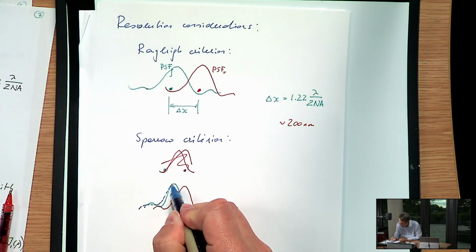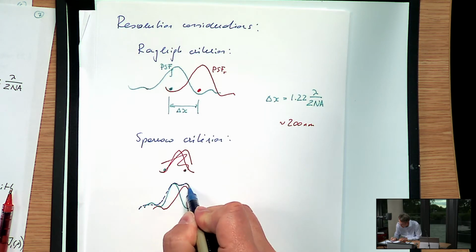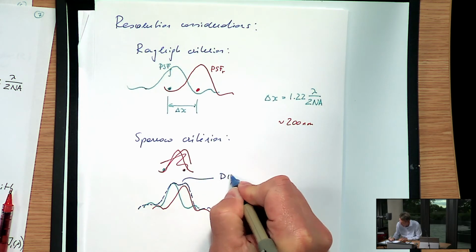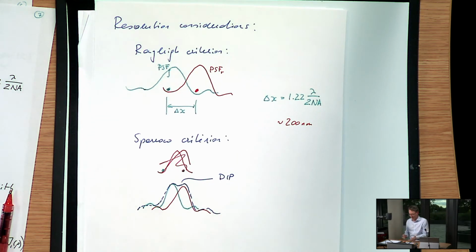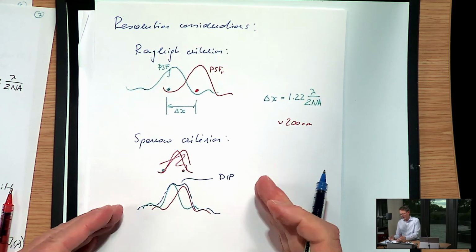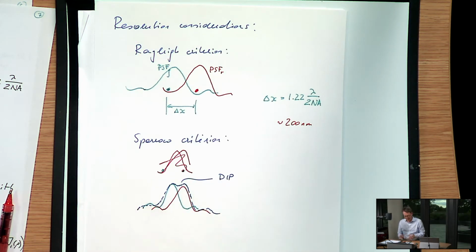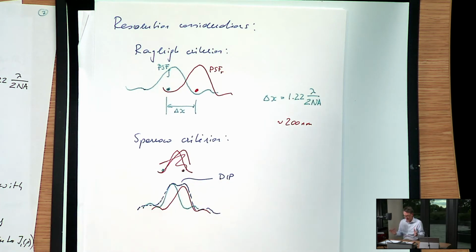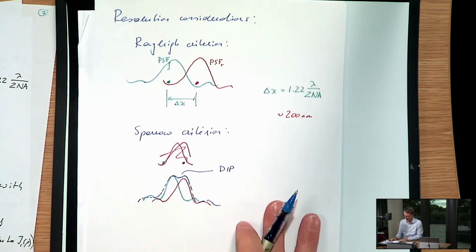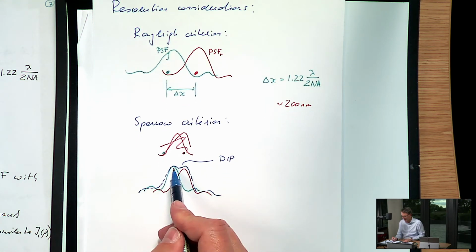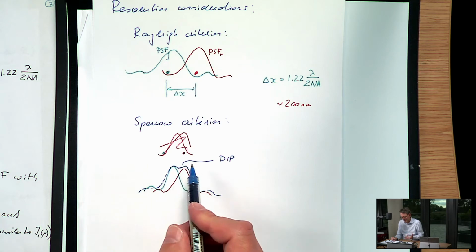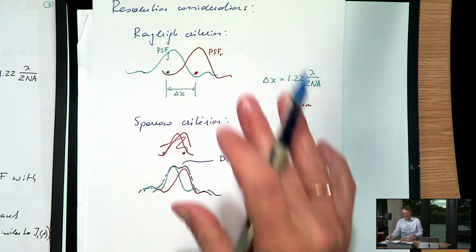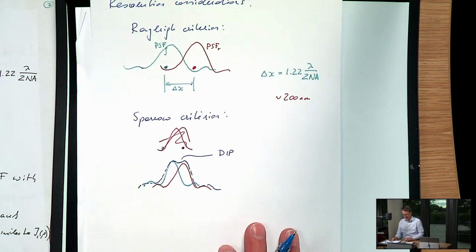The Sparrow criterion says you resolve when there is a dip in the overall envelope. So they will not be resolved anymore if you can't see that dip anymore. You just have to differentiate the point spread functions themselves to see whether they're close enough that the dip becomes invisible. And just to be clear, this is for standard imaging, with the standard PSFs.